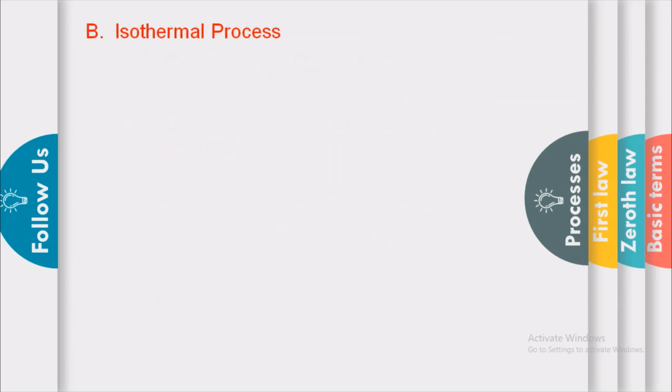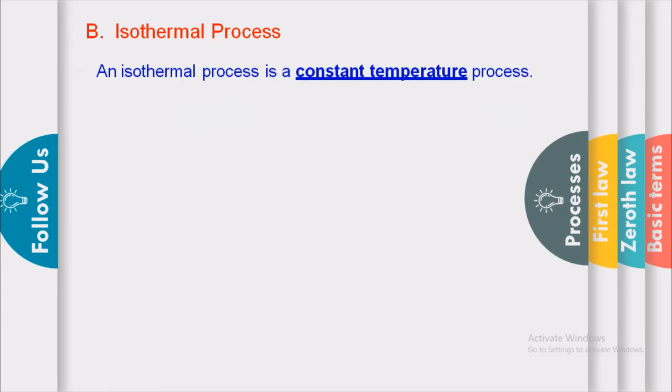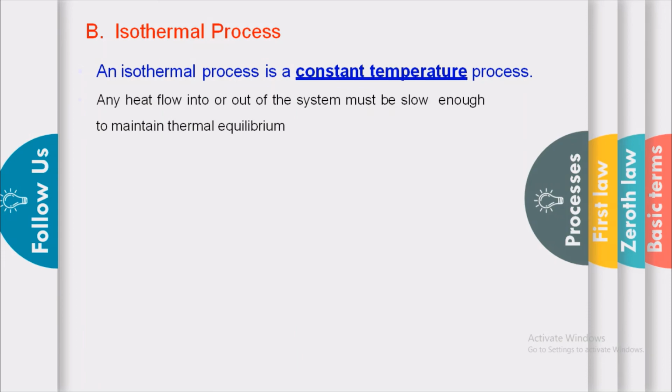Now let us discuss the isothermal process. Isothermal process is a constant temperature process. Okay, any heat flow into or out of the system must be slow enough to maintain thermal equilibrium, that is a constant temperature. And for ideal gases, if delta T, that means the temperature, is constant, then the internal energy, that is delta U, will be 0.